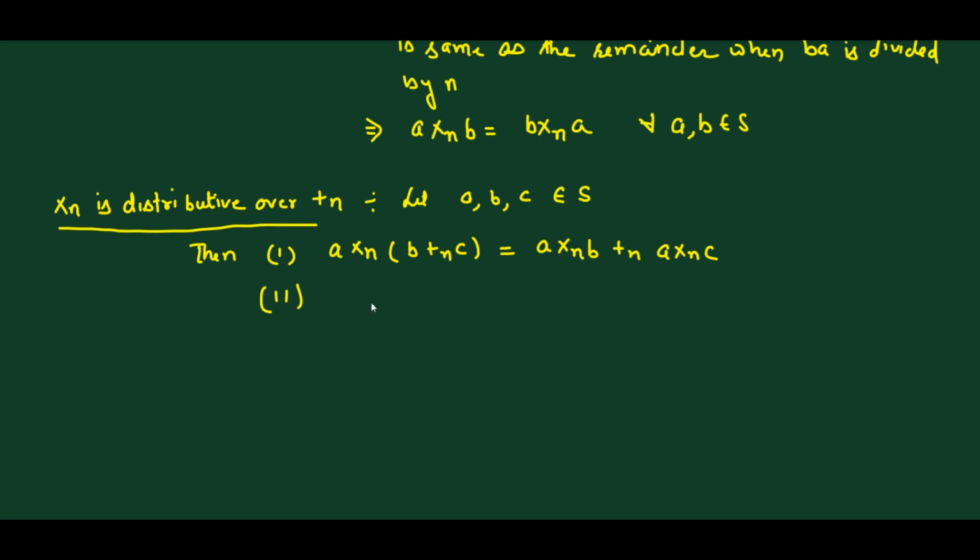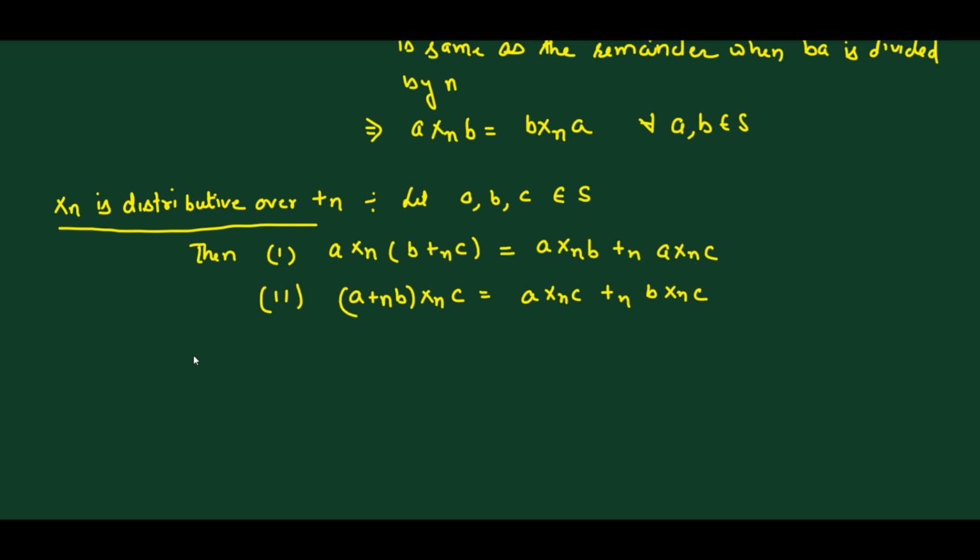It means the multiplication defined is distributive over addition from the right hand side. That means that is equal to this.